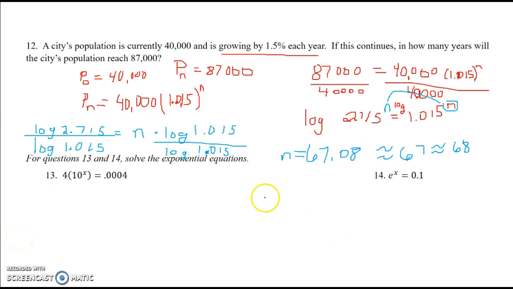Alright, let's take a look at solving these equations. So the first thing I'm going to do here with this one is get rid of that 4 by dividing by 4 on both sides. That way I have 10 to the x is equal to 0.0001.